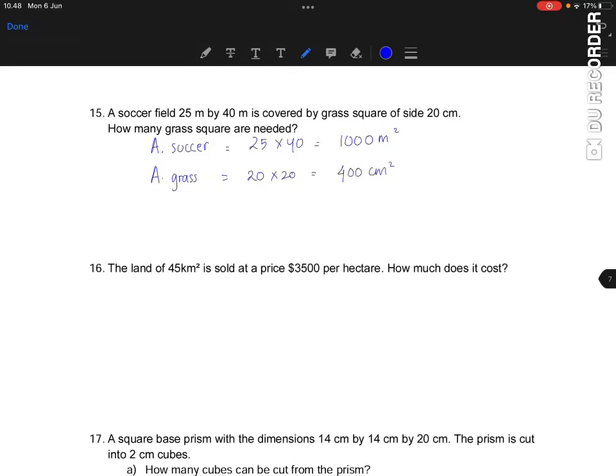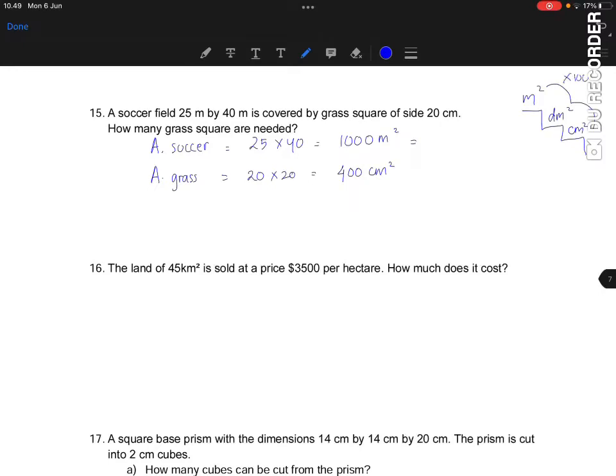If you want to find the number of tiles, you need to make it into the same unit. You need to convert it into centimeters. If you want to do it in meters, it's also okay, but I'm going to use centimeter square. From meter to centimeter, you need to go down, and since this is a square unit, every jump you need to multiply by 100.